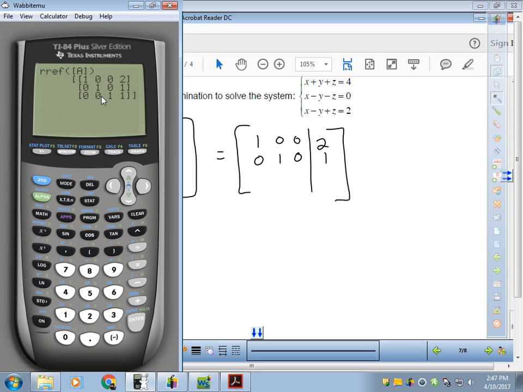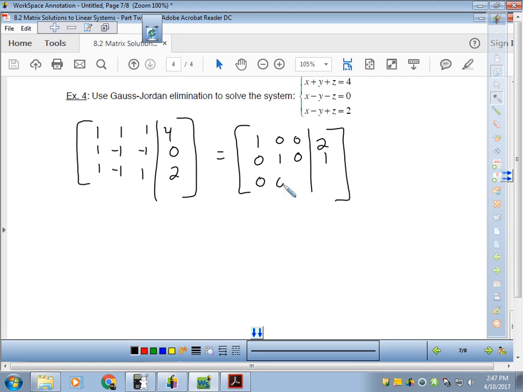And 0, 0, 1, 1. So if we translate that back into equations, that's telling us that x equals 2, y equals 1, z equals 1. So the solution to this system is 2, 1, 1.